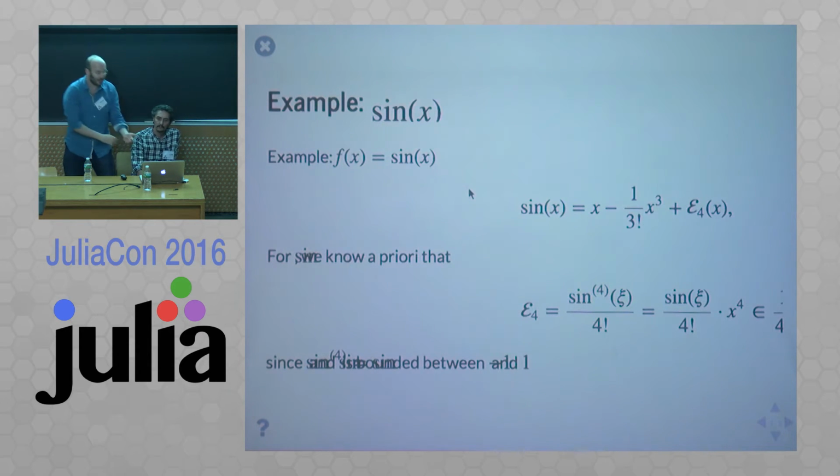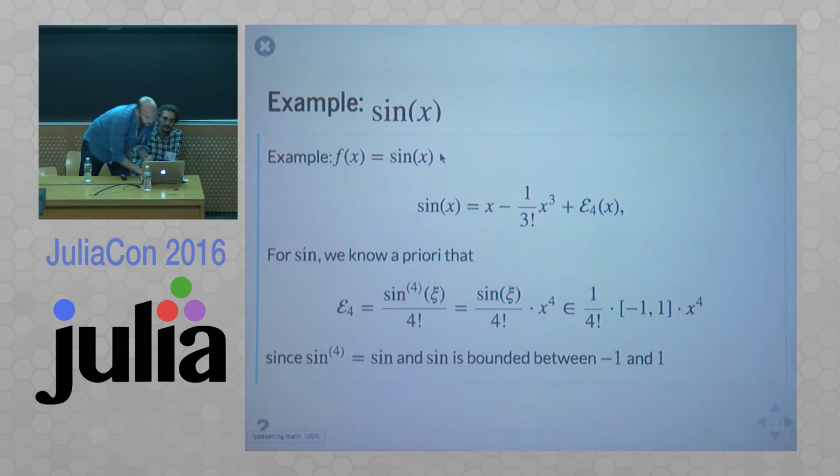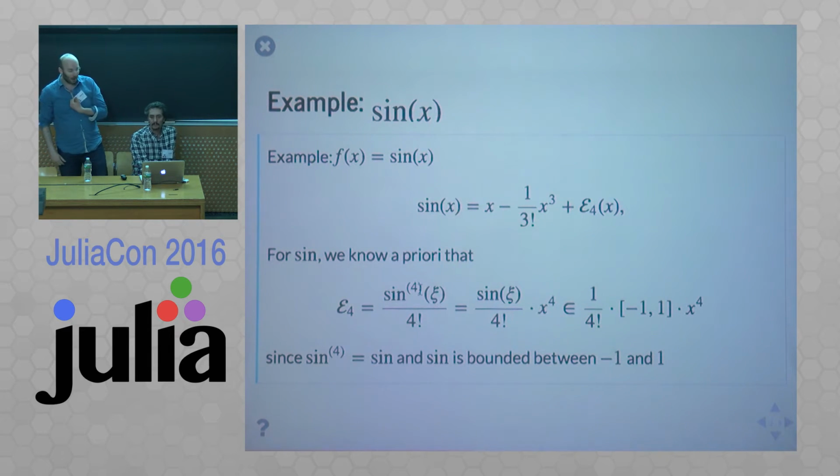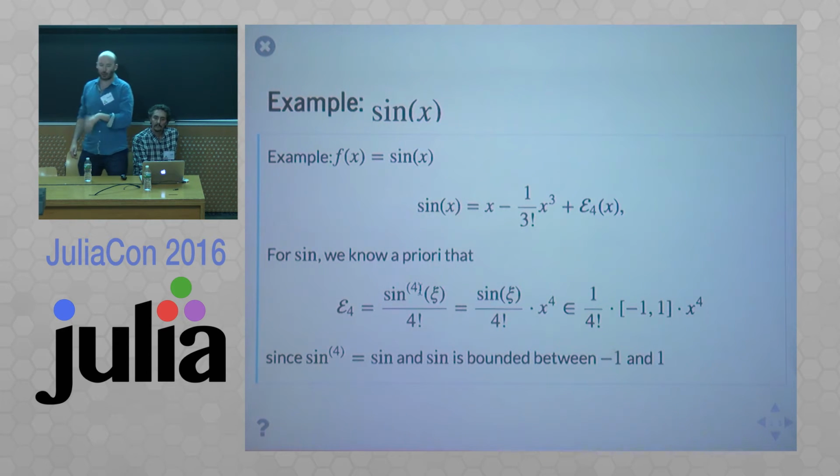So here's an example with sine. Sine has this third order expansion without the x squared term, and this error is the fourth derivative of sine. And we know, because we've done some calculus, that the fourth derivative of sine gets you back to exactly the same function again, sine. So we have to evaluate sine at this point xi that we don't know.